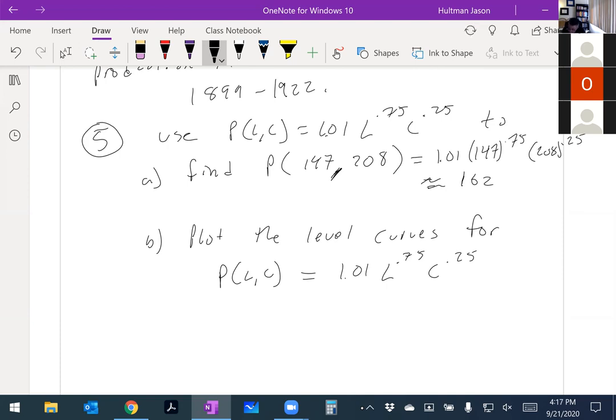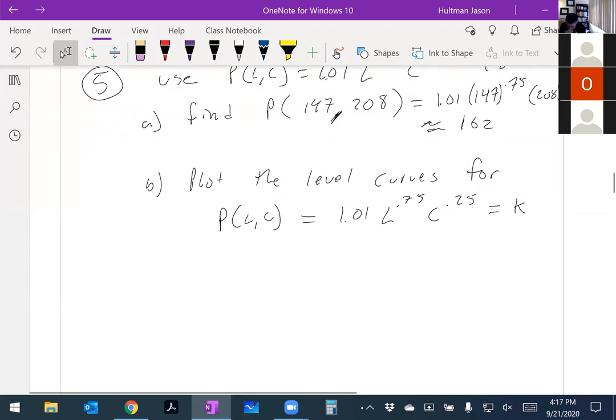It's saying that we want this thing to equal k, different values of k, different values of constants. So the variable P goes away, and we're just going to have two variables, L and C. And so we're going to plot this on an L versus C graph. See what we get here.